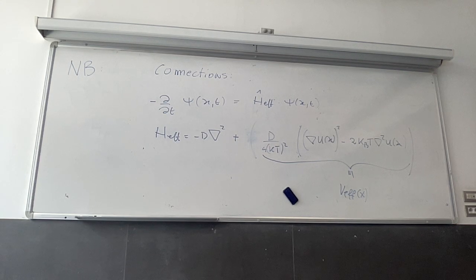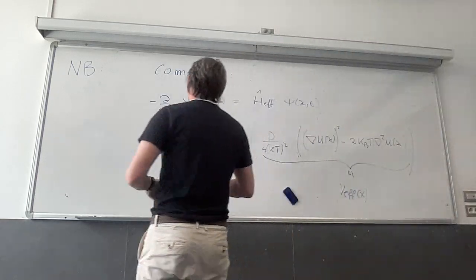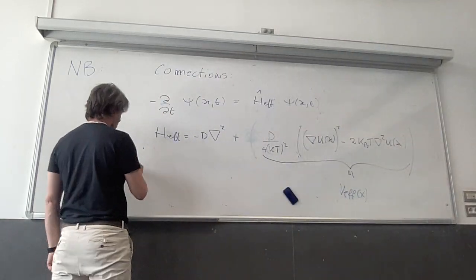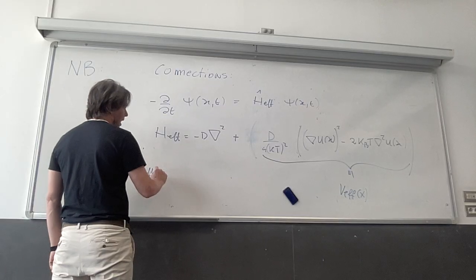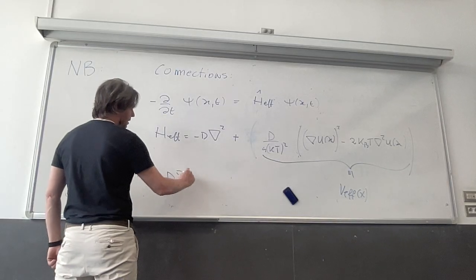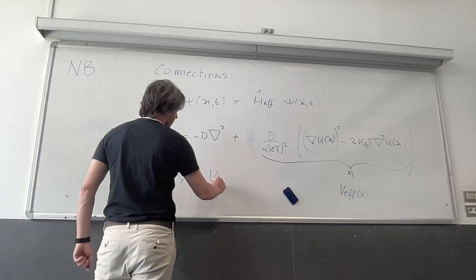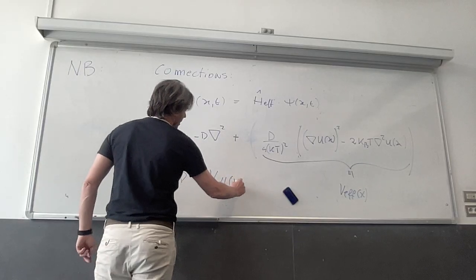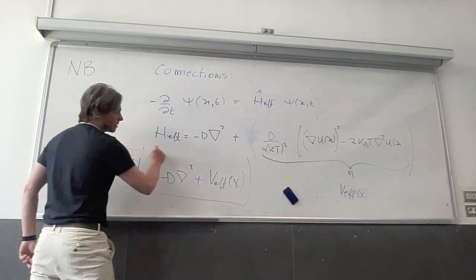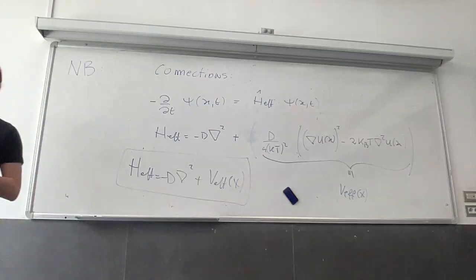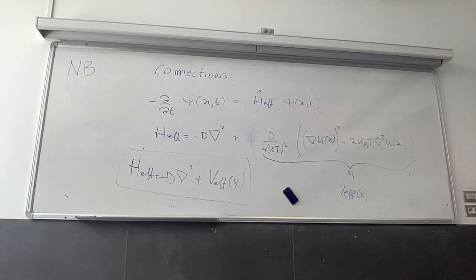Okay? So, this means that now I can rewrite H effective in a form that really resembles the Schrödinger operator, the Hamiltonian of the Schrödinger equation.